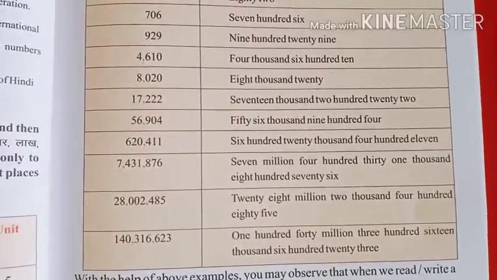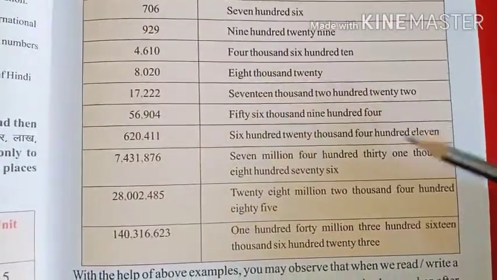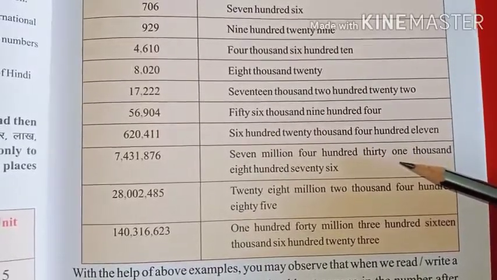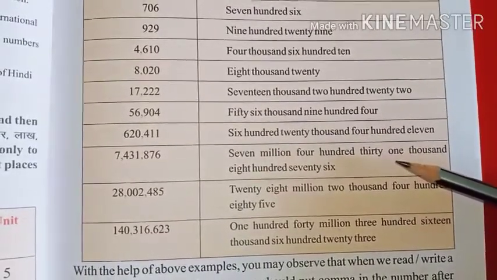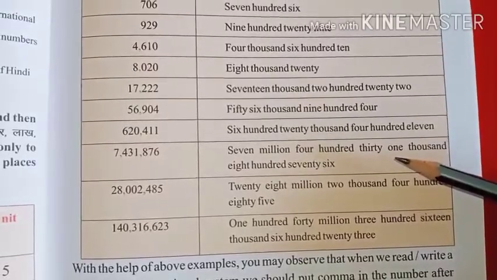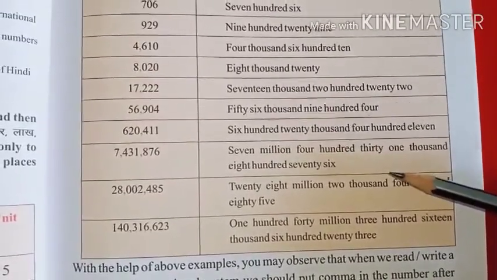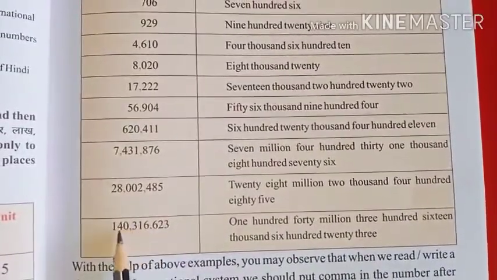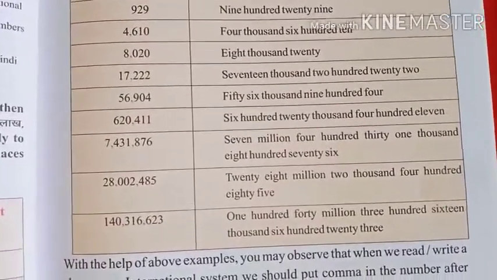So my dear students, in this table, when you read this table, did you all observe it or not? After 3 digits we put a comma, because after 3 digits the period changes.